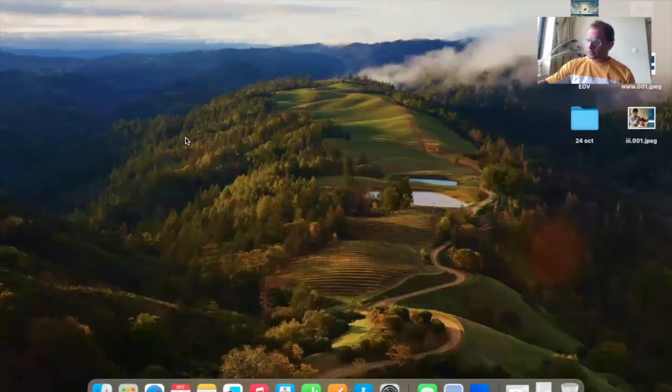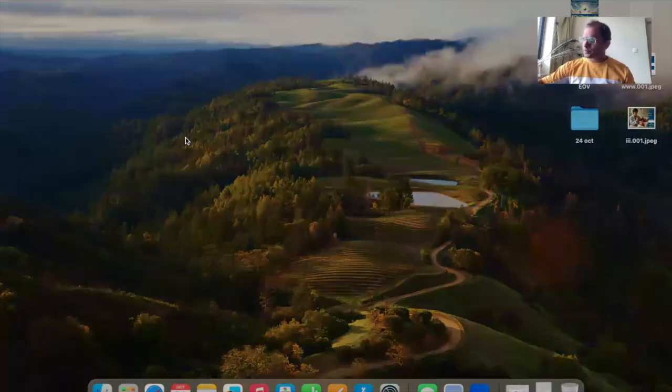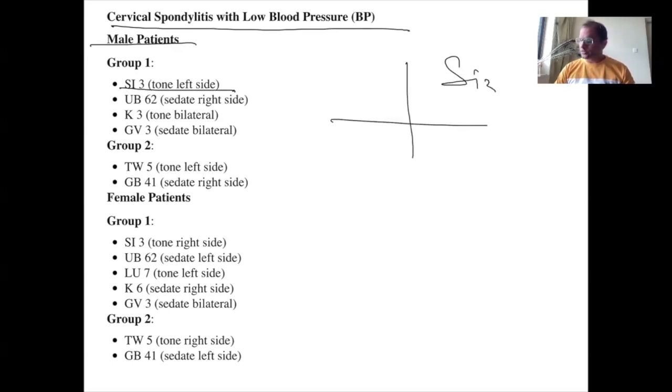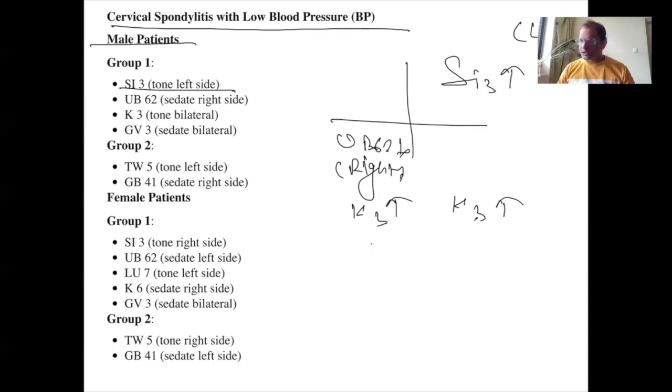With the help of this protocol, we will be able to work for the lower back pain, which is happening with the male patient having low blood pressure. So cervical spondylosis with the low BP in the male: SI3 tonification on the left side, UV62 sedation on the right, kidney 3 bilateral tonification, and governing vessel 3.